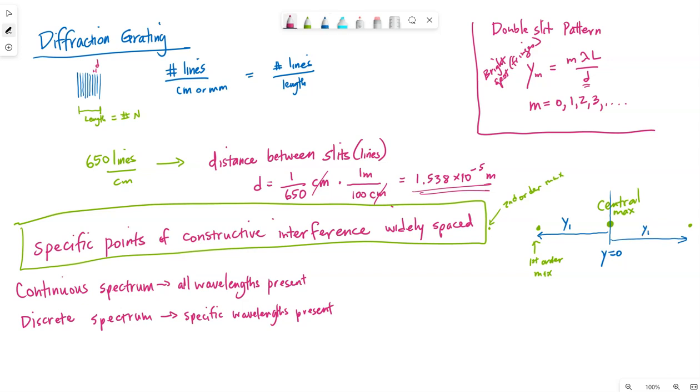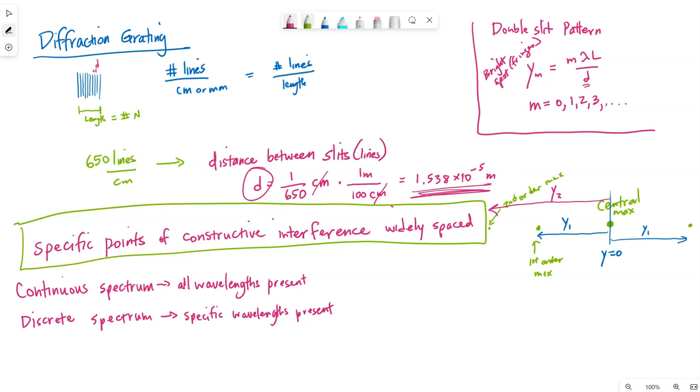If we were to measure from the central max over to the second order max, this would be a y2. So the definition of y is the same. We're going to have a d to represent the distance between one slit and its neighbor, which is going to be really small in a diffraction grating. L is still going to be the distance from the slit to the screen.